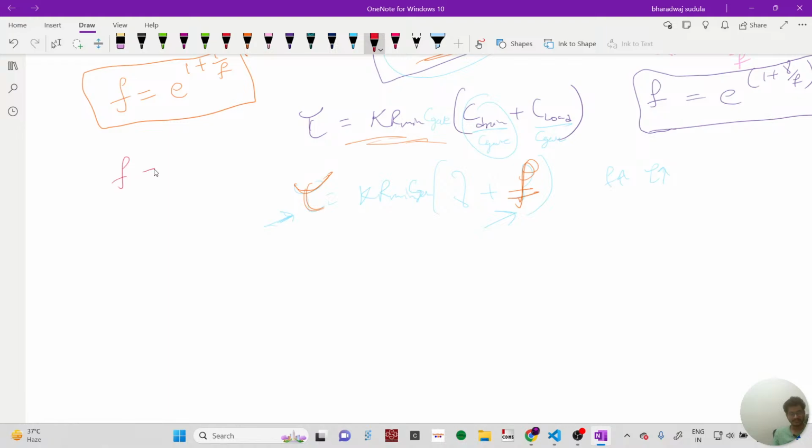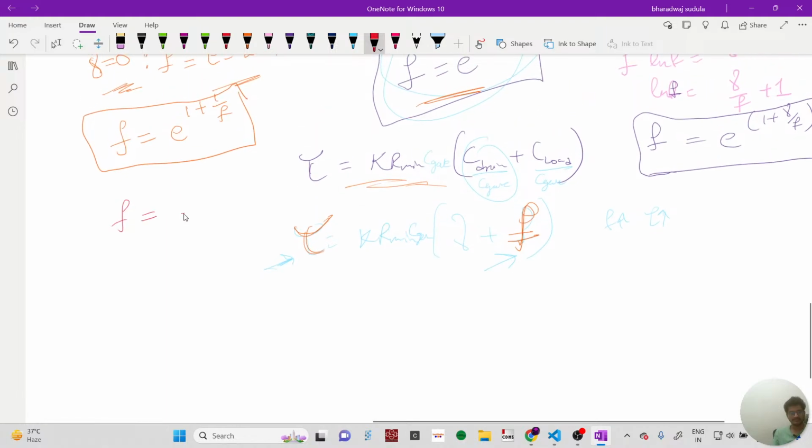If f has to be 3.6, put f equal to 3.6. Like, this is kind of confusing, right? Put f as 3.6, you'll get this entire result as 3.6.